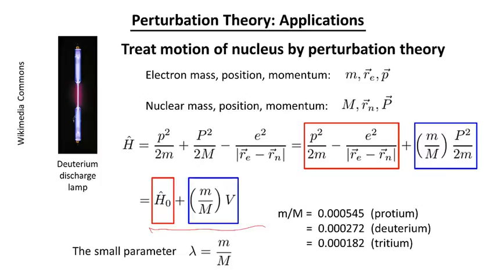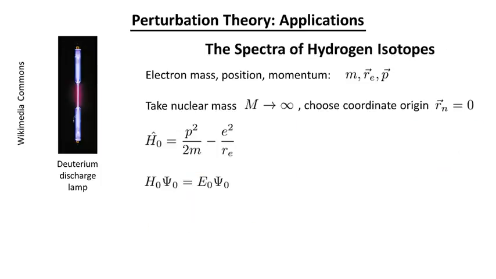Now let's do an explicit construction of the zeroth order solution. The value of our coupling constant lambda goes to 0 in the limit of nuclear mass going to infinity. So we just take that limit and we choose the coordinate origin to be the position of the nucleus. Then we get our H naught solely in terms of the variables of the electron. And we're going to solve this equation.